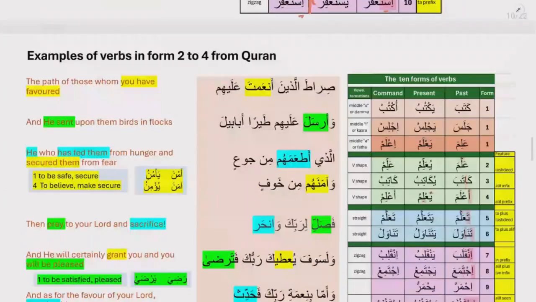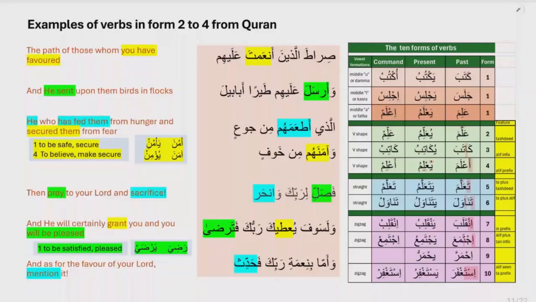And I've taken Quranic examples from short surahs that we all have learned. Some of them are easy, some not so easy, because the trick is to find the 3 root letters, right? So let's start off with this an'amta. Sirat al-ladhina an'amta. Now here we have an'ama. Can you see the main nun ain mim?